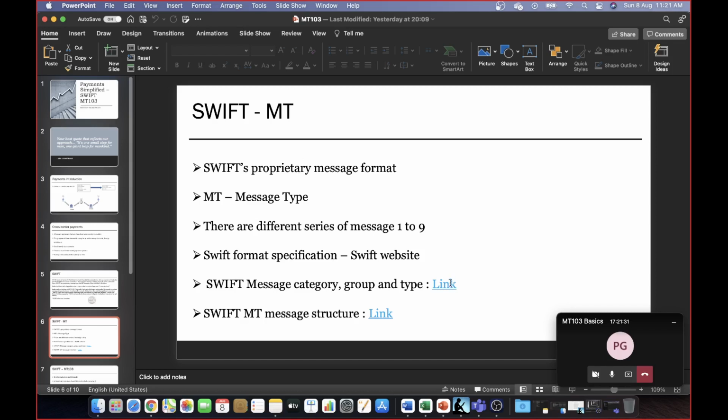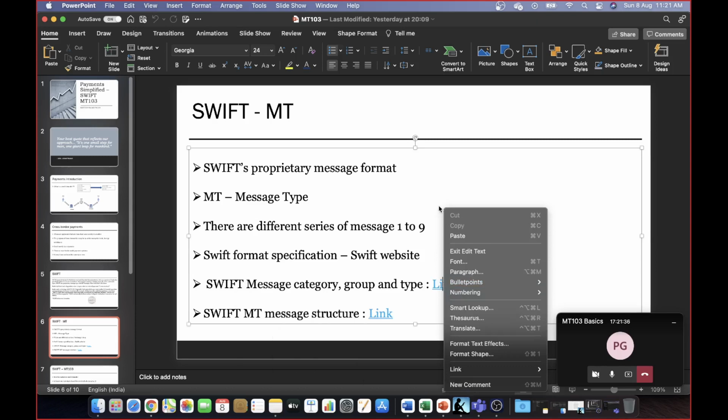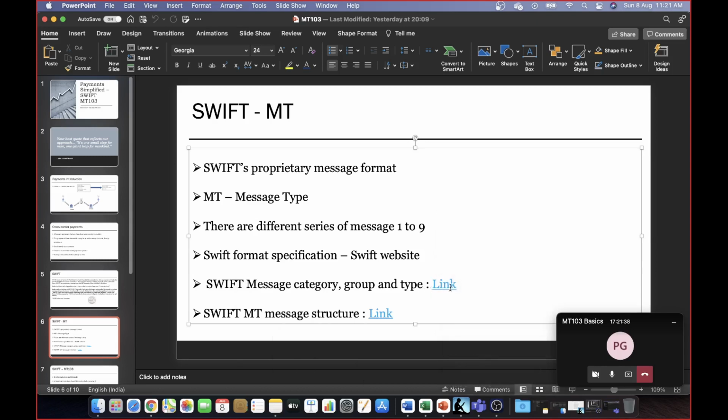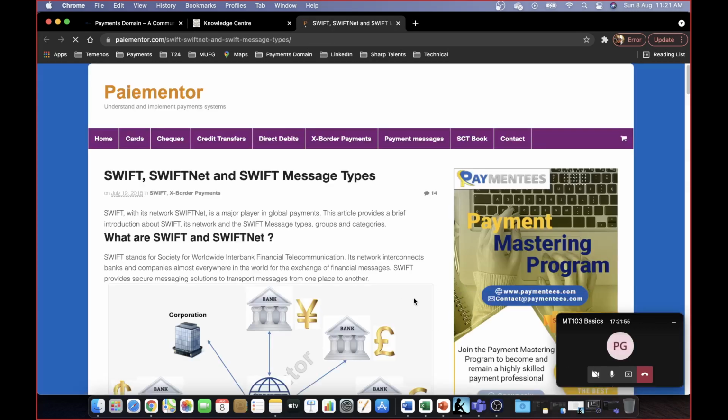I'm going to use a lot of external links. If you have interacted with me previously, I would have recommended this website quite a lot.